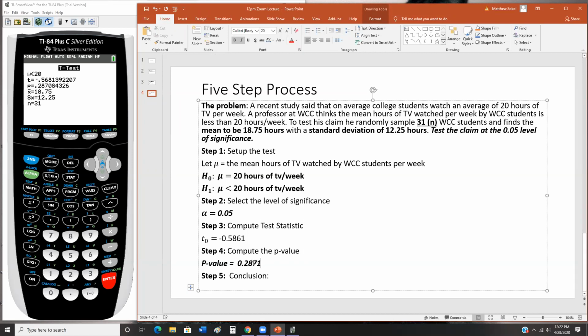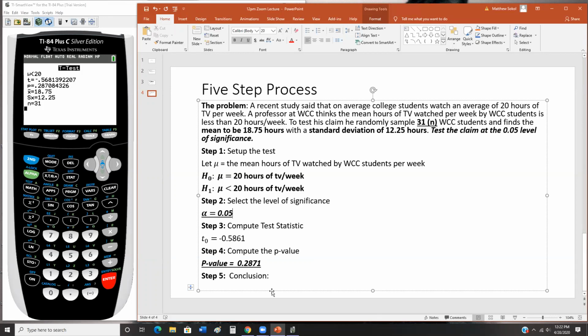The technical interpretation of a p-value is the following, and it's a little wordy. It's the probability you would observe results at least as extreme as what you just did if the null hypothesis was true. Basically, for statistics, we use the p-value here and compare it with our other value up here, our level of significance.